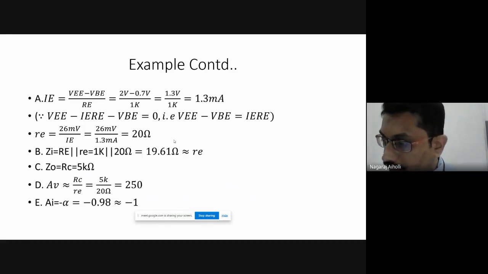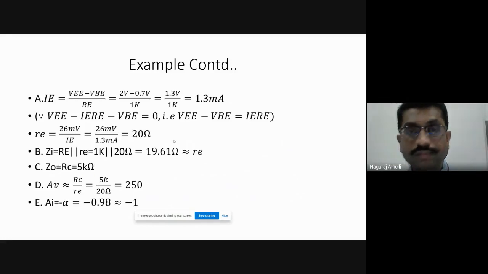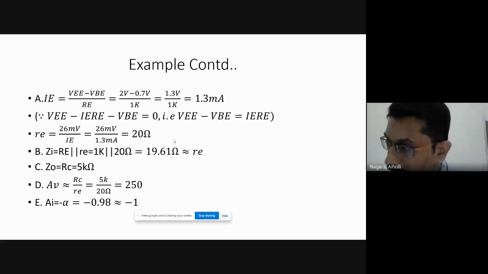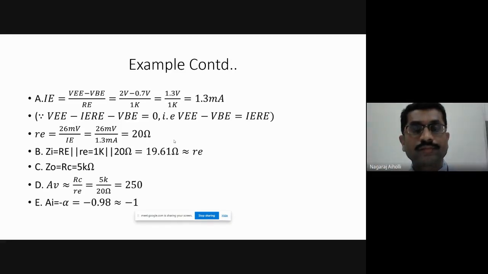Is it understood here, students? Ankita, is it understood? Yes, sir. Okay. Janvi, is it clear here? Yes, sir. Understood today's topics? Yes, sir. Numerical is clear? Yes, sir.